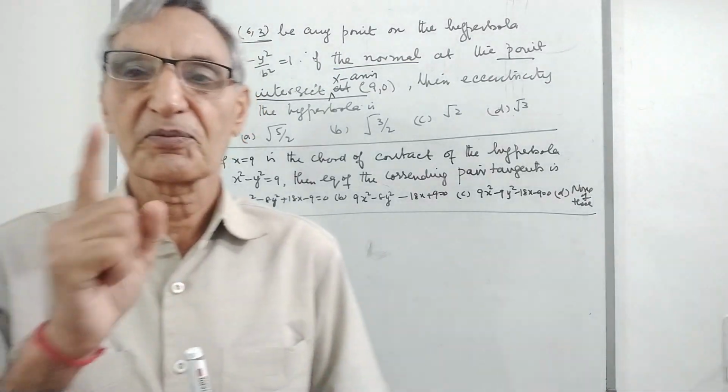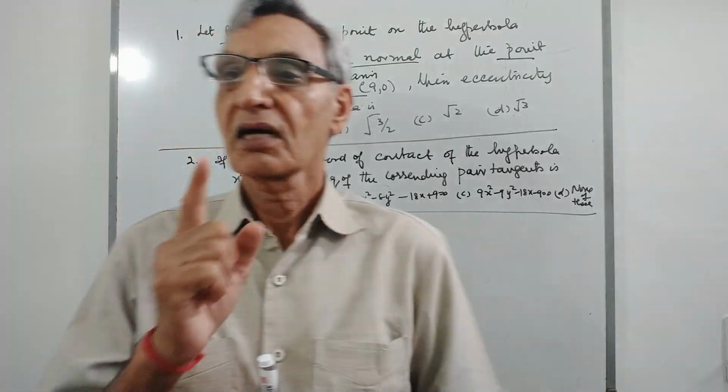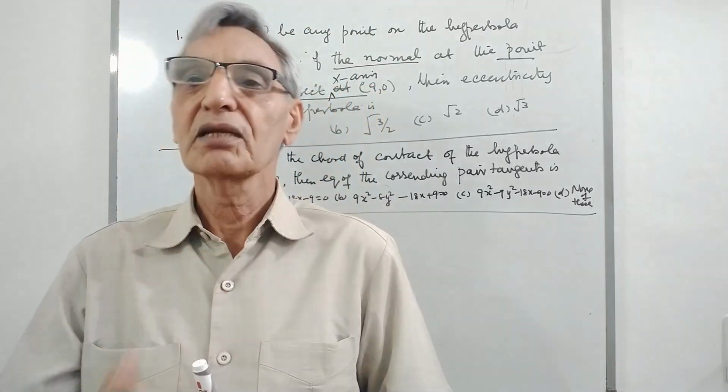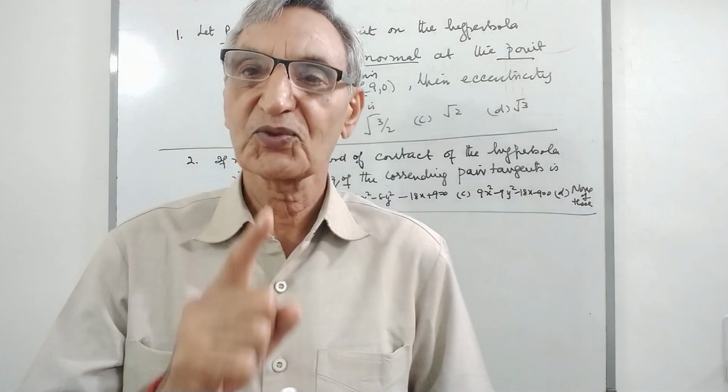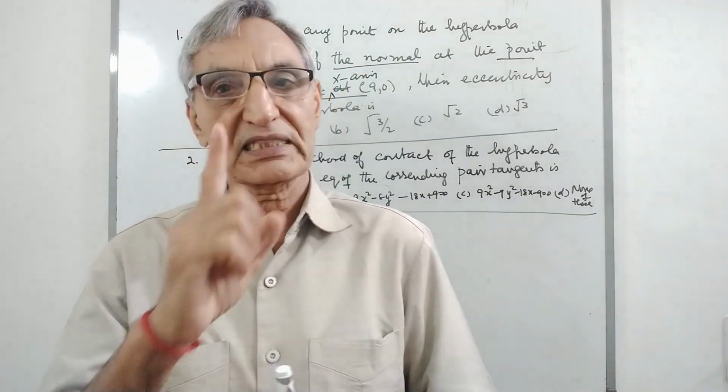The question is, there is a point P (6, 3), and at this point we draw a normal, and this normal passes through (9, 0) on the x-axis. Then we have to find the eccentricity.